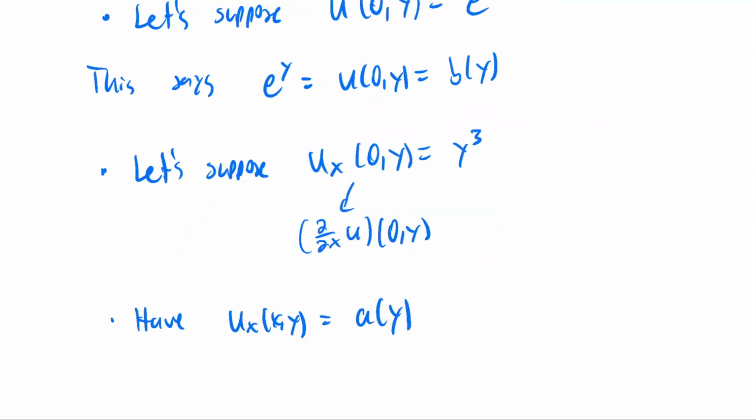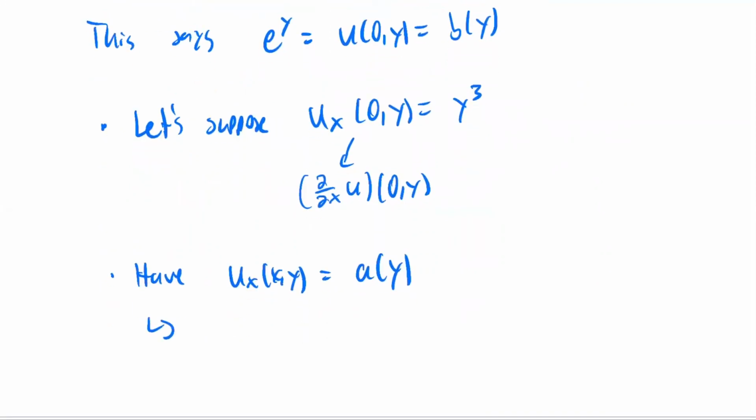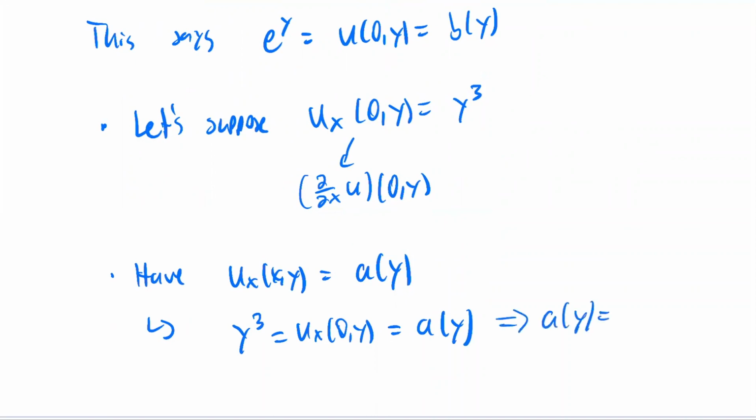And so now if I use this condition, this tells me that y cubed has to equal u_x of (0, y), which is equal to, using the above formula, a of y. And so this tells me that a of y has to equal y cubed. Great.